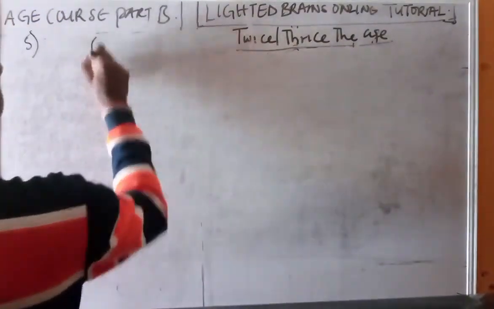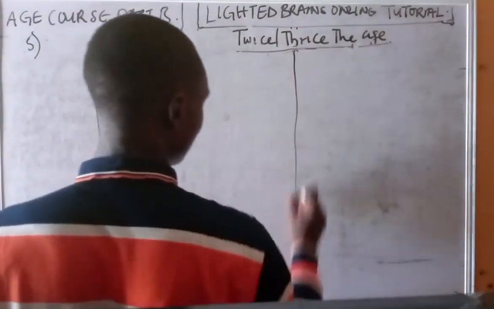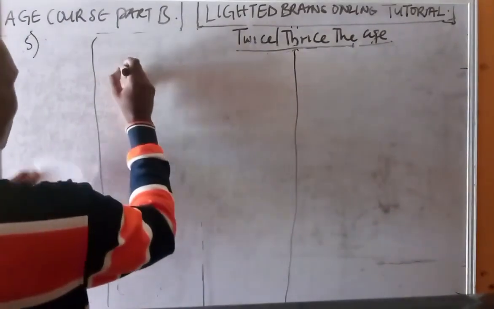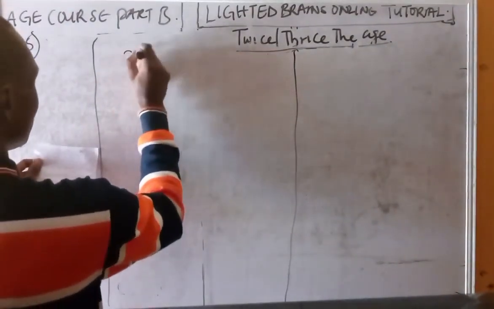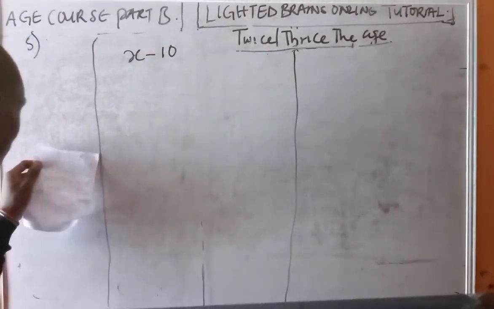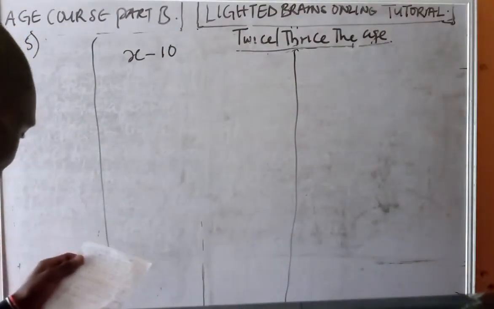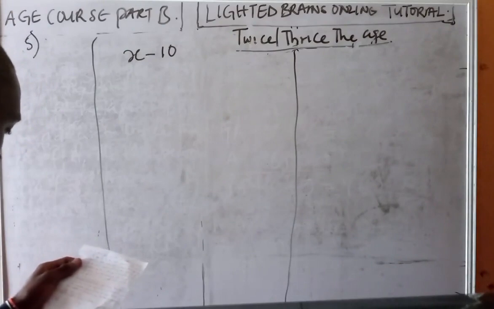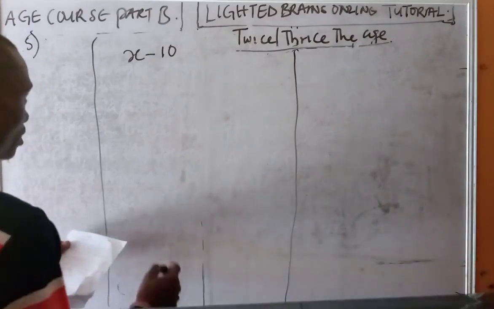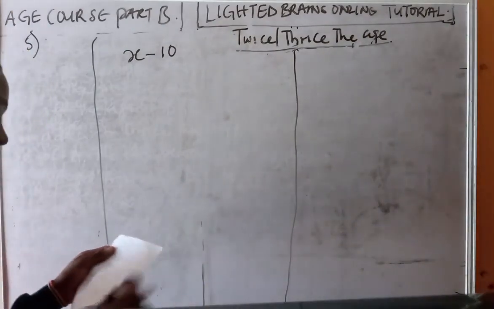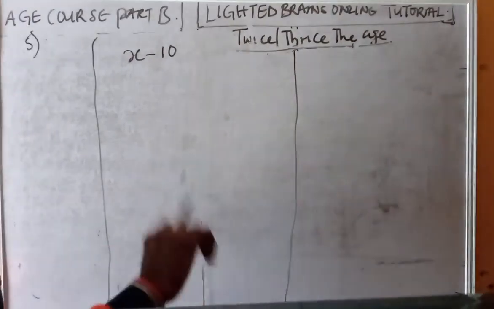So you have what? Our age is X minus 10. Do you understand now? They now ask another question, that our daughter is 1/5 of her own. But first of all, let's find her age.